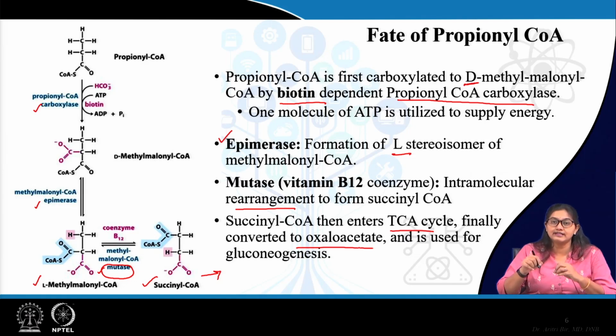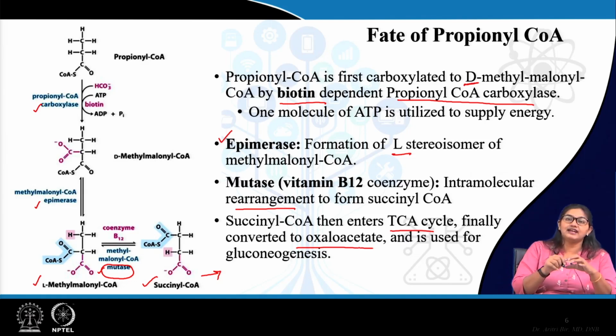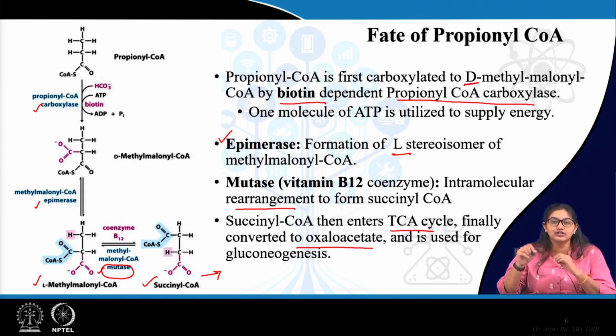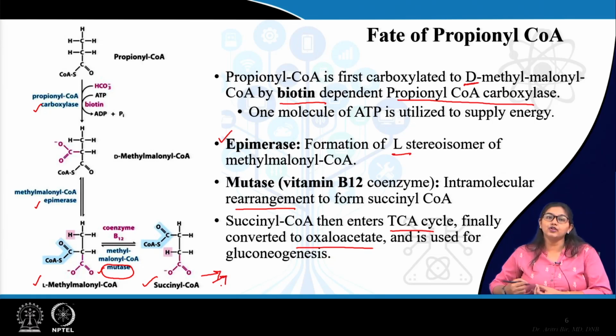Only propionyl coenzyme A. So, when odd chain fatty acids are broken down, the propionyl coenzyme A part is the glucogenic molecule. I have told you in the neoglucogenesis class, one substrate for neoglucogenesis is propionyl coenzyme A. So, this is how propionyl coenzyme A takes part in neoglucogenesis.